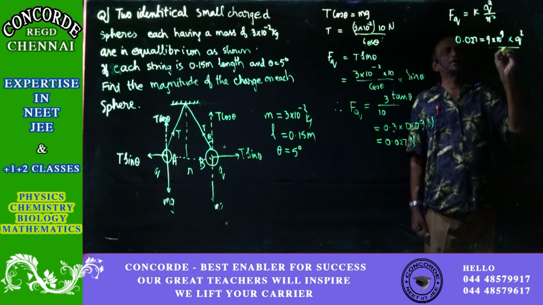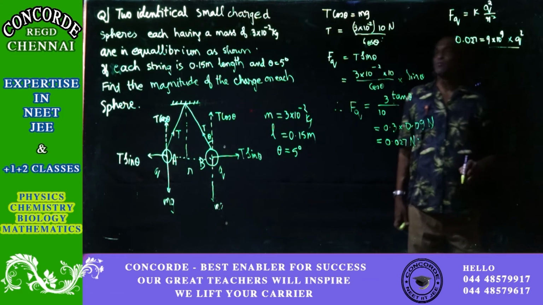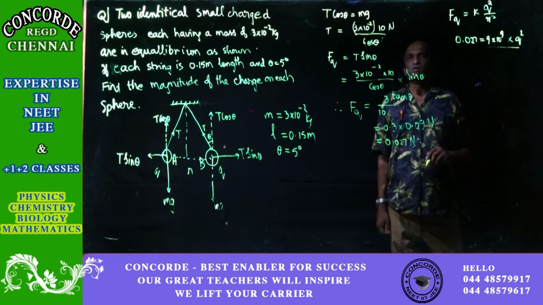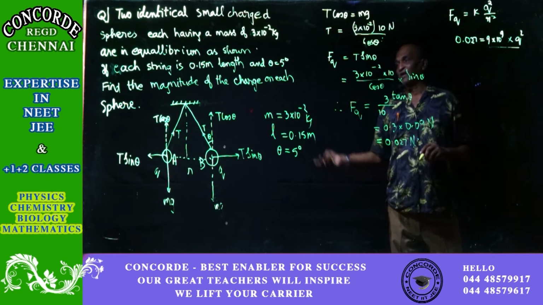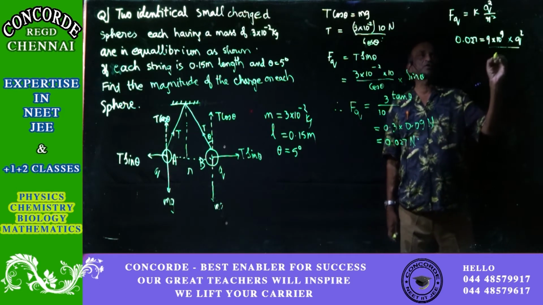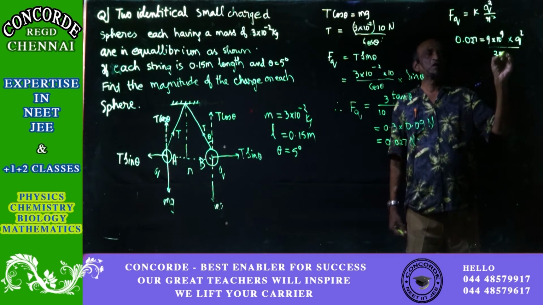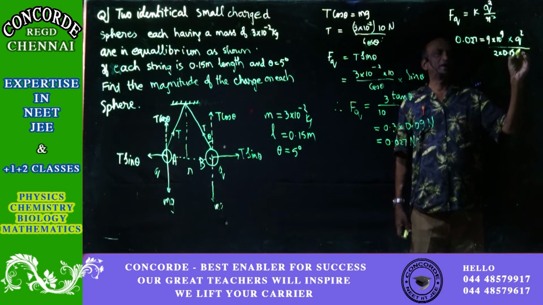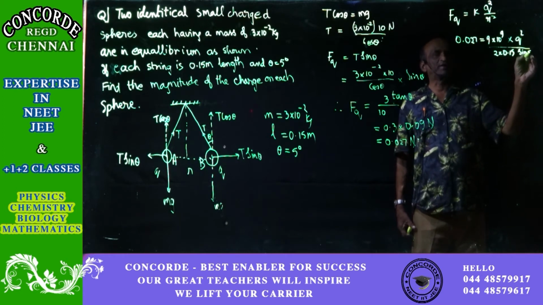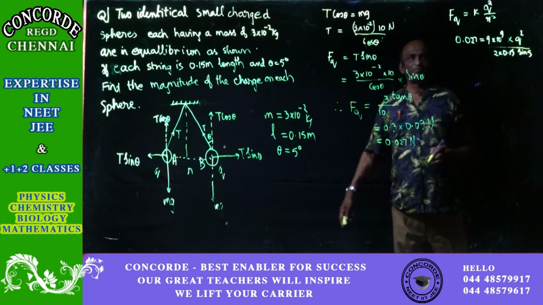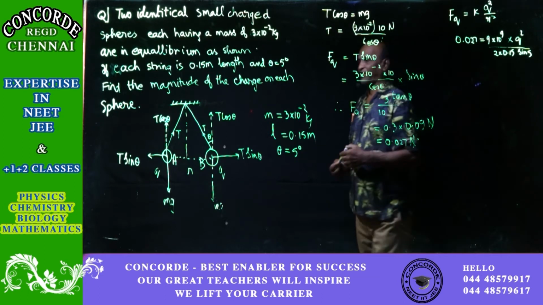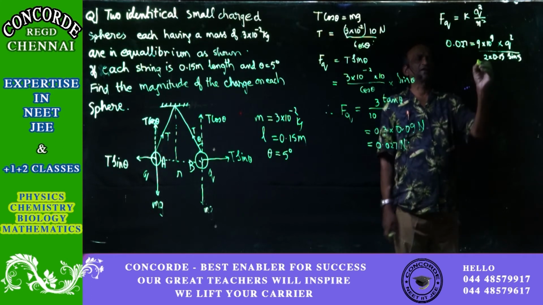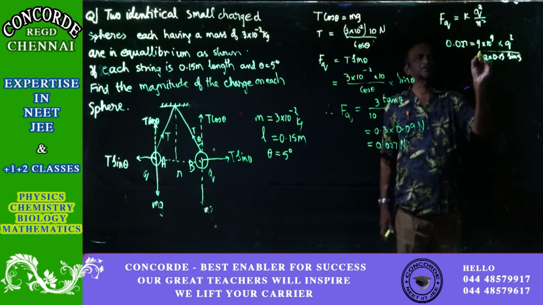And R squared, as we have just seen, is 2 into 0.15 into sin theta, where theta is 5 degrees. So Q is the only unknown. Find the value of Q. From this equation, please note that in the denominator we have the distance squared.